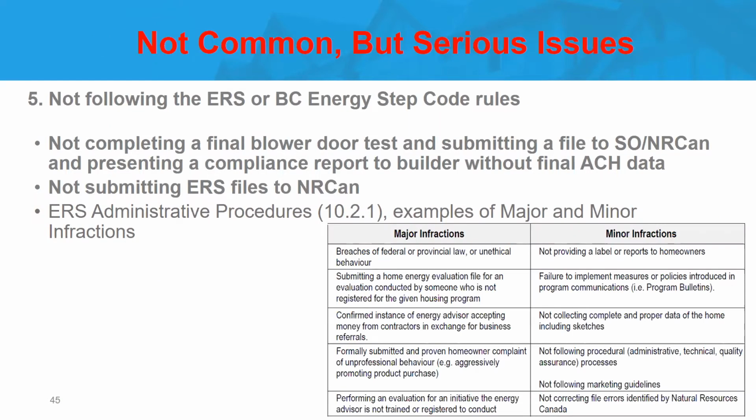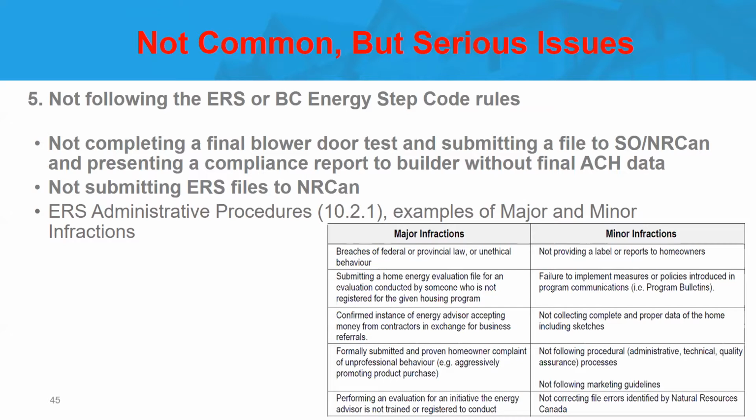Another not common but serious issue is when energy advisors are not following EnerGuide rating system or BC Energy Step Code compliance services rules. An example of this could be if an energy advisor submits a file to the service organization, who then submits it to NRCan, without having a final blower door test or ACH data within the report.